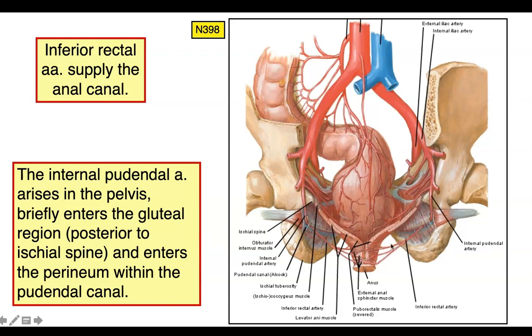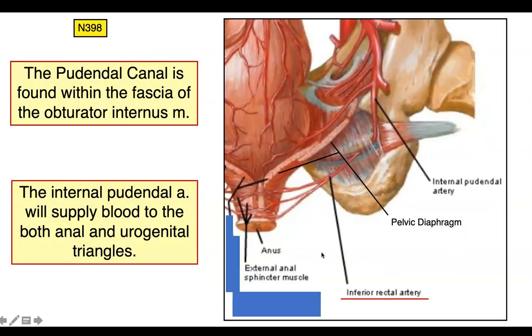Inferior rectal branches of the internal pudendal artery supply the external anal sphincter muscle. So, see, this is a closer view, and you can see this is the pudendal canal, which is a fascial tunnel on the obturator internus muscle.